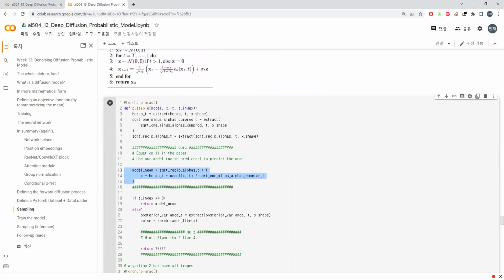And the second one is model mean plus square root of posterior variance of t, multiplied by noise.